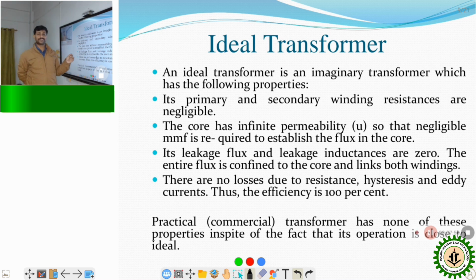Laminated sheets are used to reduce the eddy current loss, and the core material is made of steel to reduce the hysteresis loss. So understand that the losses are very negligible. The performance of the practical transformer is somewhat similar to the ideal transformer, but for simplicity, we will deal with the ideal transformer, then we will move to the practical transformer.